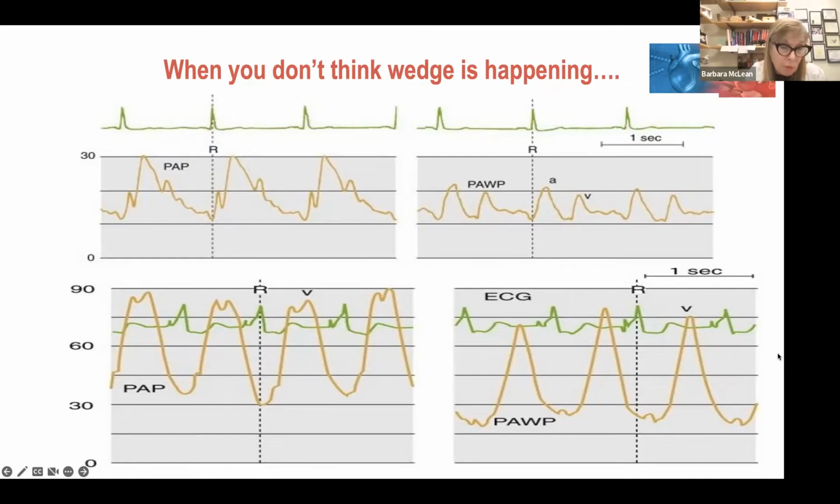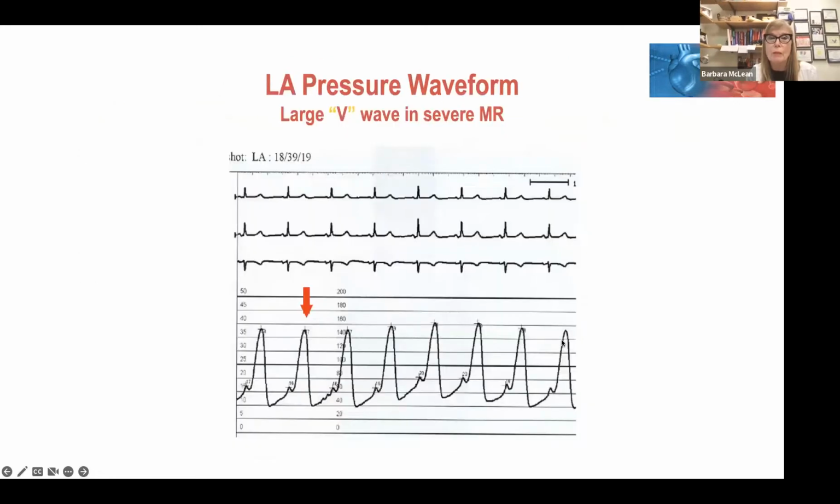Most common problem with interpretation of failure to float a PA catheter into the wedge position is a regurgitating mitral valve, which instills a large V wave, which unless you really look at what you're doing, you won't actually recognize the difference between the PA pressure and the regurgitating pressure.